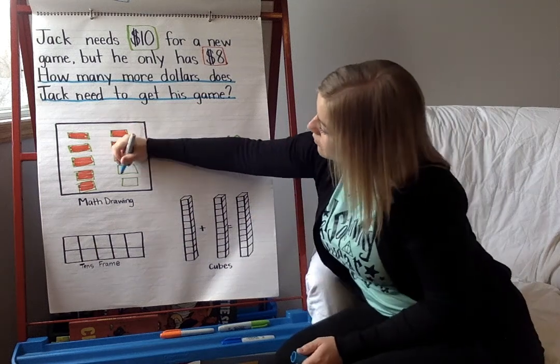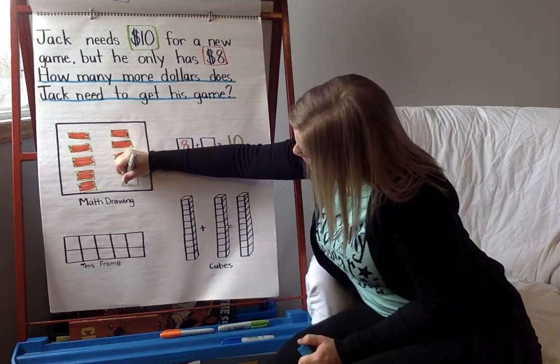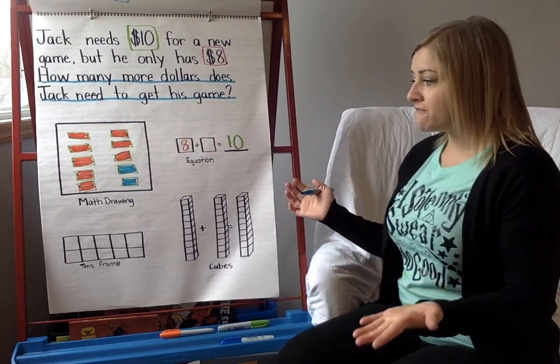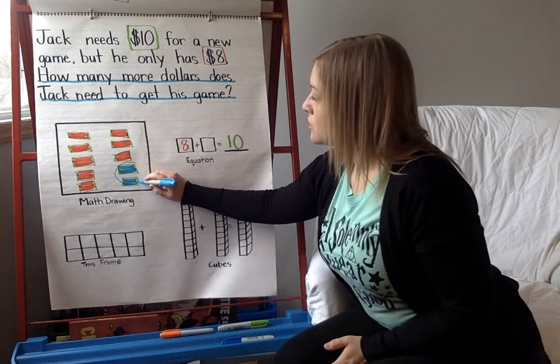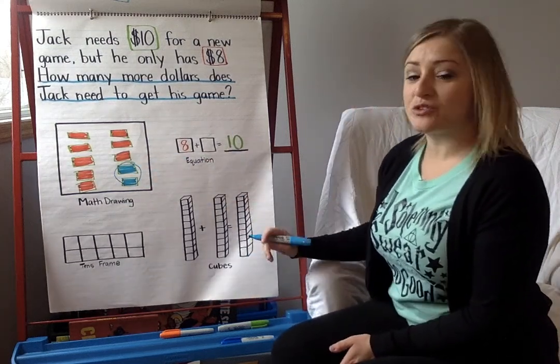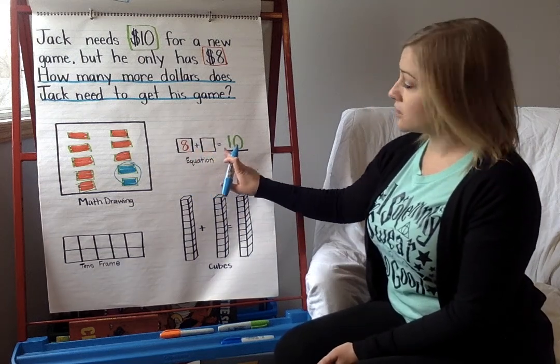Our answer to our problem would be how many are left. 1, 2. So we have figured out that we need 2 more dollars to get to 10 so Jack can get his game. So over here, 8 plus what missing partner equals 10?